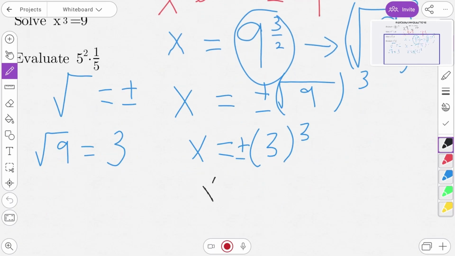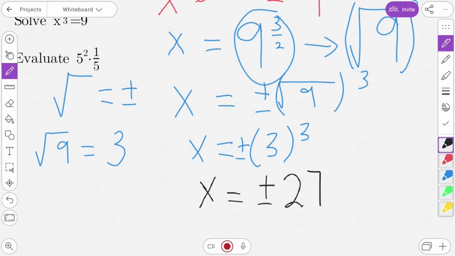Because it's plus or minus, we are going to get x equal to plus or minus 27 as our answer. Okay, so that is for the third question.